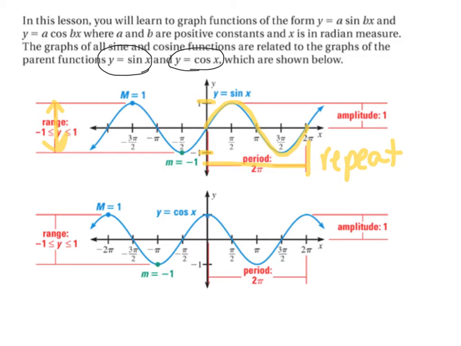Cosine function always starts at y equals 1. Its amplitude is also 1. Its range goes from -1 to 1. Period is 2 pi. So that's where it repeats between x equals 0 and x equals 2 pi.